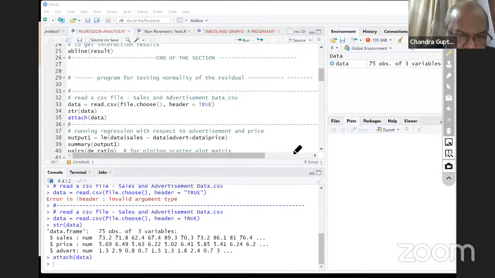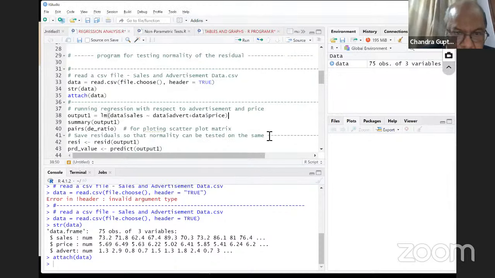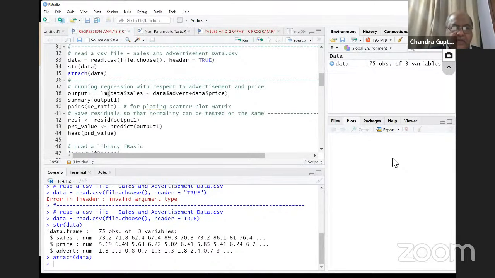Let's see how do we do it. So we have LM data. Data is the name of the variable. So it's a data frame. And from that, I'm picking sales.